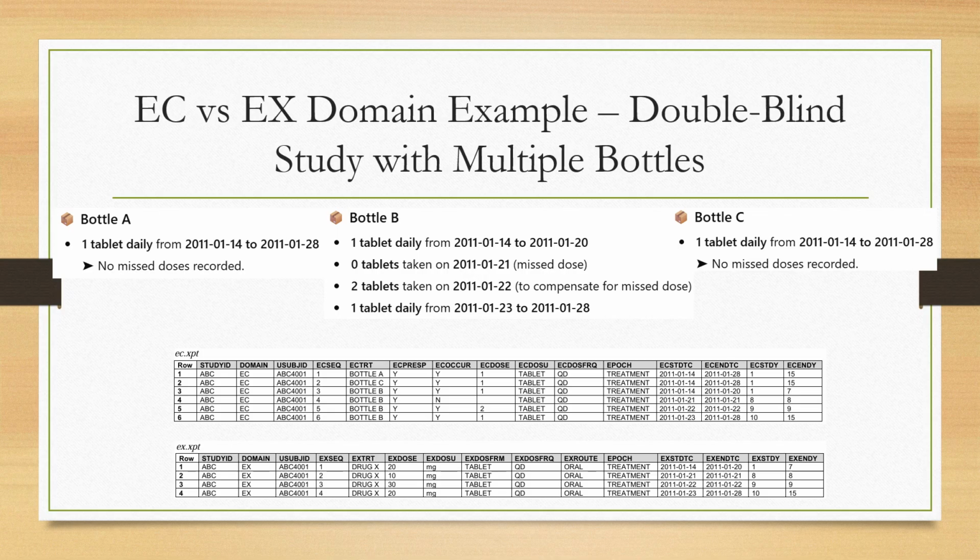So coming back to the first record, from 14th of January till 20th of January, the subject took 20 mg. Now comes the period of 21st of January.